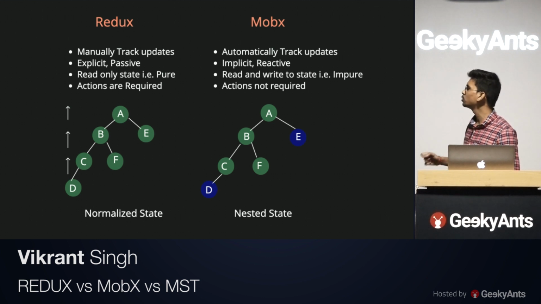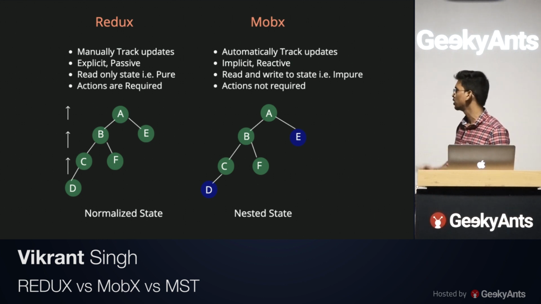That's why we need to normalize our state in the case of Redux. But if we talk about MobX, you can deeply nest your data as much as you want, because we have something known as computed values which are smart enough to know what to update and what not to.